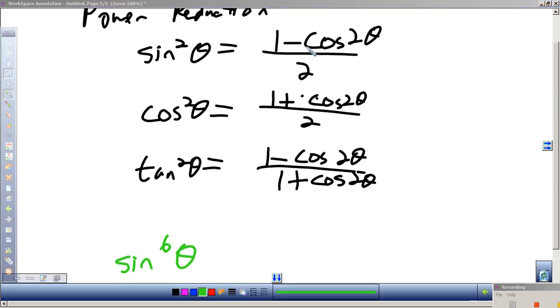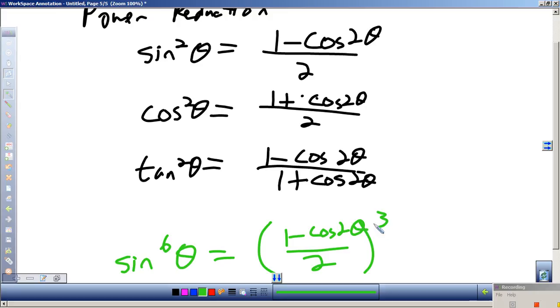So we can start first by changing it into 1 minus cosine 2 theta over 2, to the third. I just change it to 8 to make it a bit nicer. So, what do I do from here?